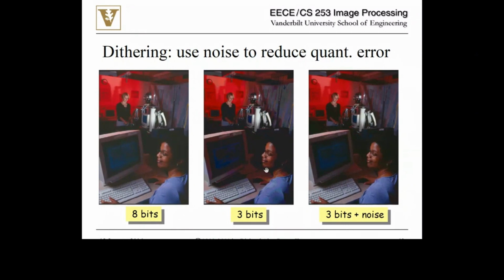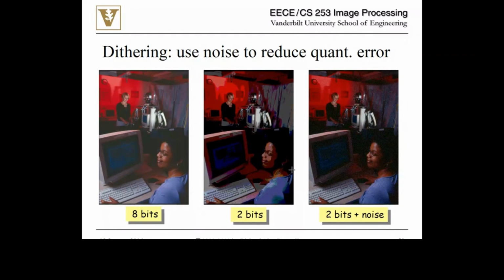And we already start to see here in the face these artificial borders. But now with the noise, we don't see. And this is with 2 bits. This is exaggerated. Okay? But these borders here, they don't exist in the real face. And with 2 bits plus noise, we don't see those borders anymore.